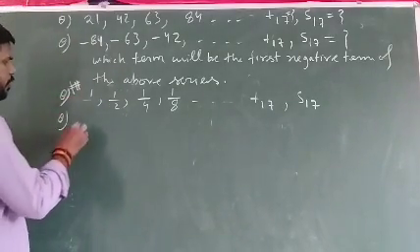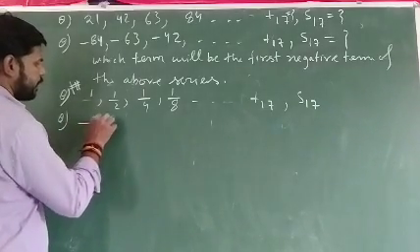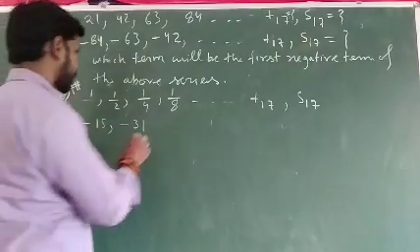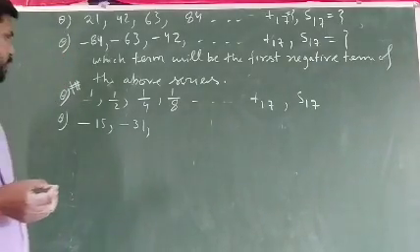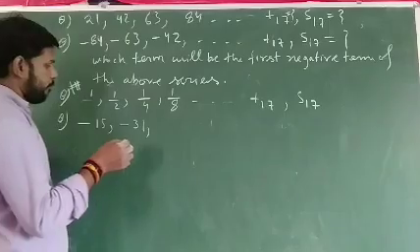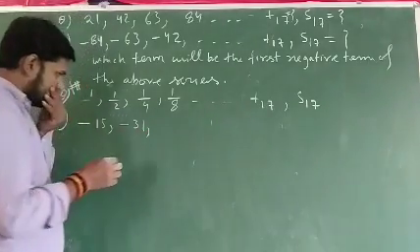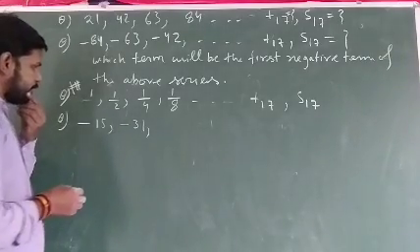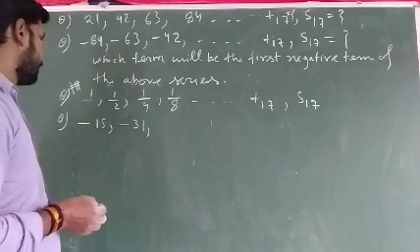Next, suppose we have the question as minus 15, minus 31, and then we can have 31.